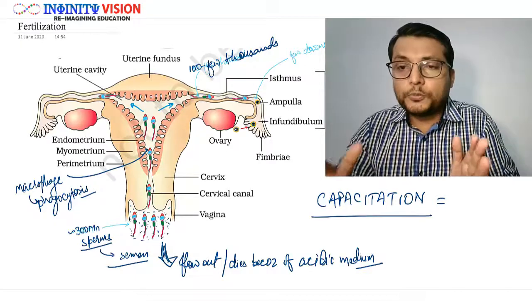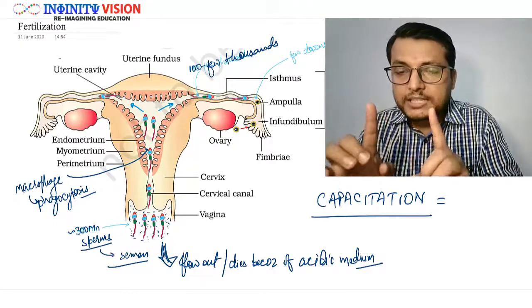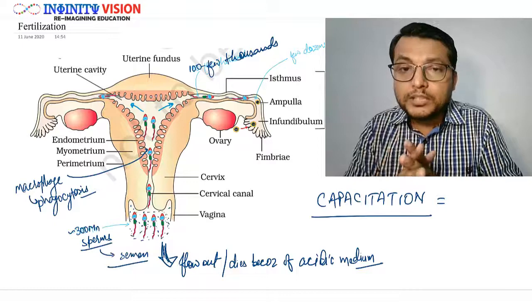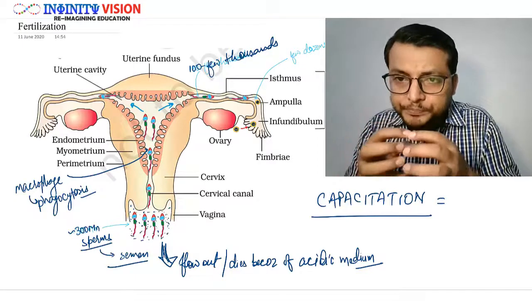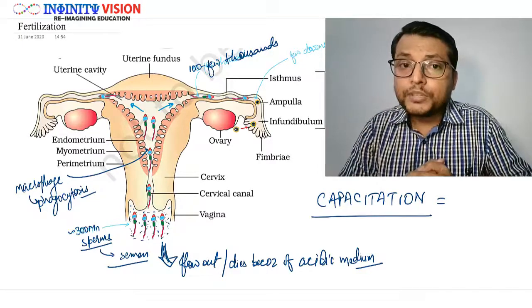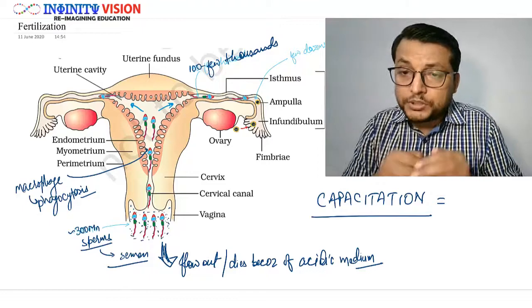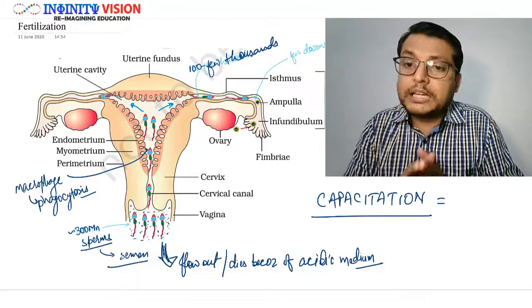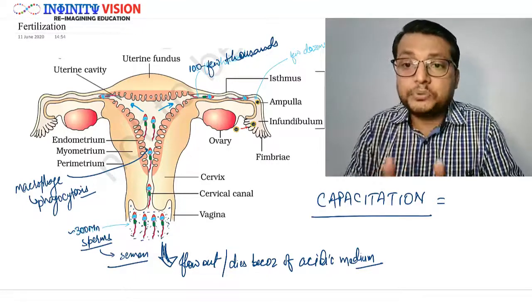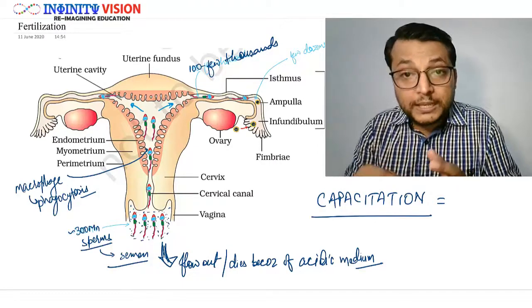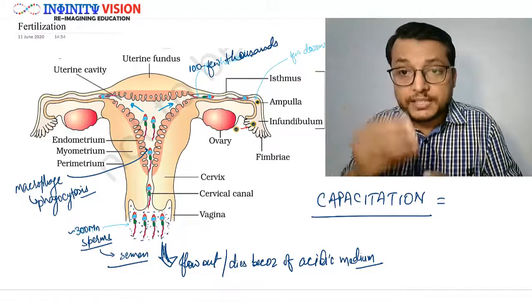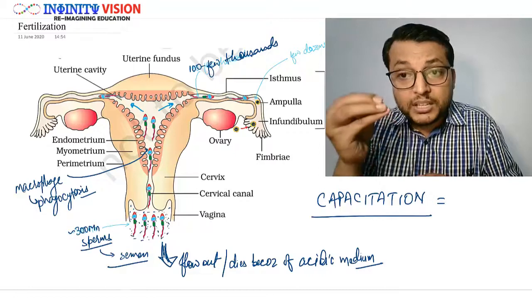What are these grass? Actually these are cilia. So most of these capacitated sperms are going to get stuck in the cilia and die out there. Only a few dozens.